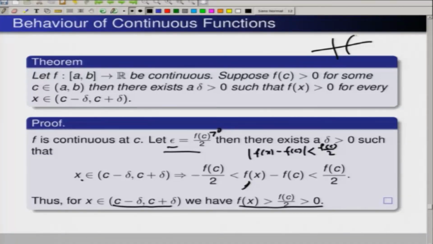But the same thing we can't say about 0. For example, if I have this continuous function, it is 0 here, but no other value in that neighborhood is 0. But if it is positive, then definitely we are going to get a neighborhood in which it is positive, or if negative, a neighborhood in which f is negative.